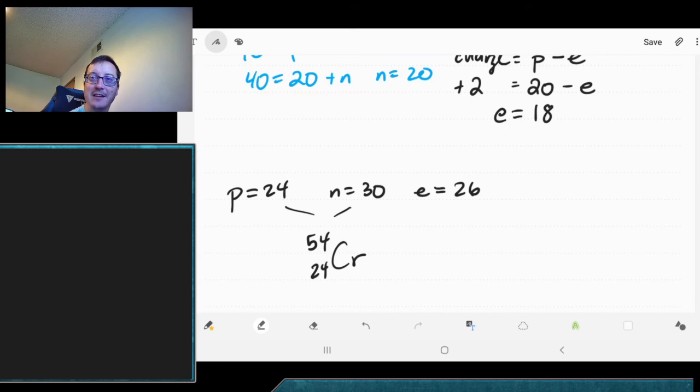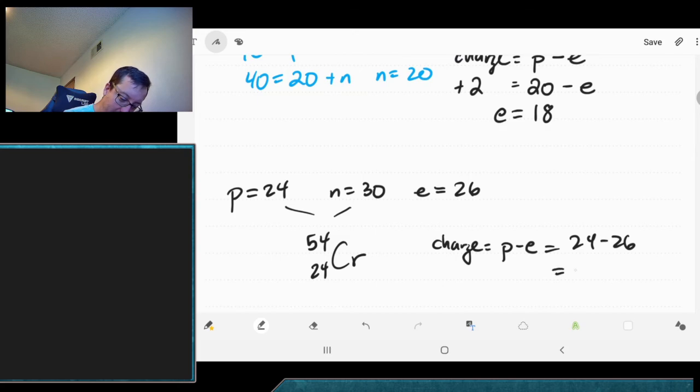Alright, and then the last thing we need to do is the charge. Remember, charge is protons minus electrons, 24 minus 26, which is negative 2. So we say 2 minus on this one. Hopefully this makes sense with the idea of the charge of the atom.